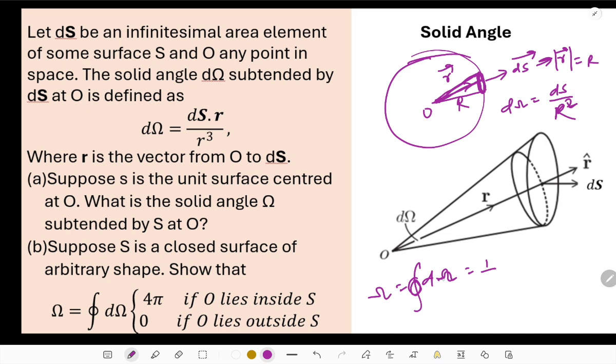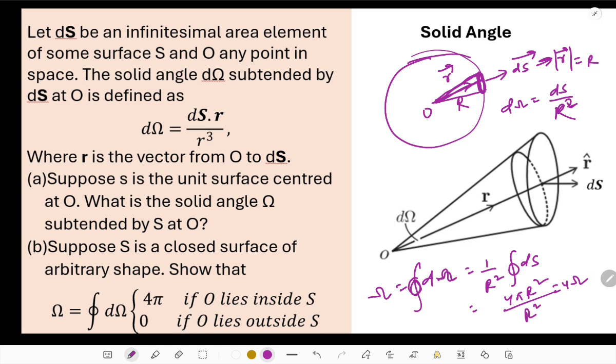So this integration of d sigma will be 1 upon r square times ds, and you always know that the closed surface area ds will be equal to 4 pi r square. This is the surface area of this sphere, and you will get your result as 4 pi.